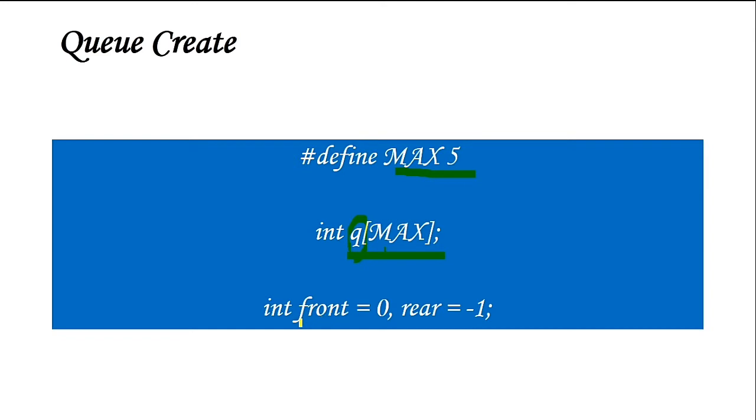Okay, then you need to declare a front and rear. In the stack you declared only one variable, that is top. Top is equal to -1, finished. But in queue you have to declare both front as well as rear. Front should be pointing to 0 and rear should be pointing to -1. This is the initial condition of the queue.